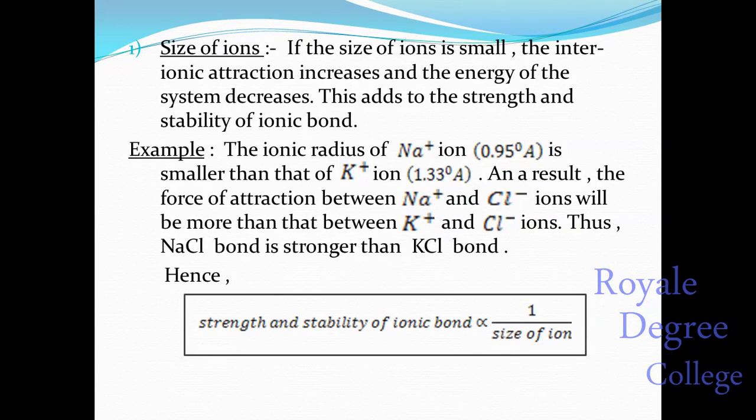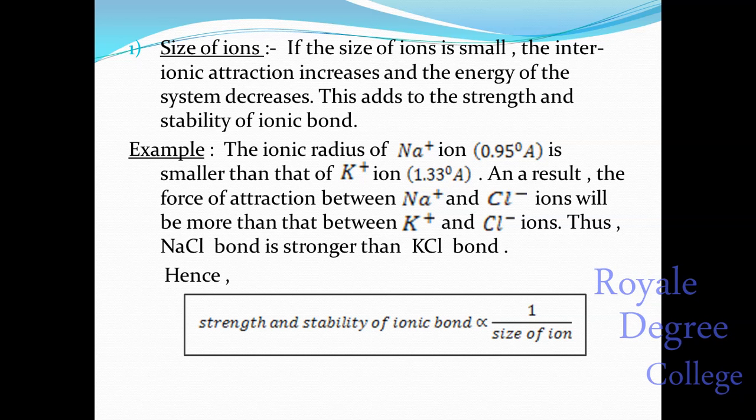First of all, we'll see size of ions. If the size of ions is small, the inter-ionic attraction increases and the energy of the system decreases. This adds to the strength and stability of the ionic bond.